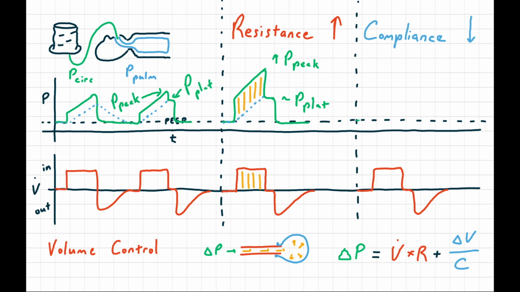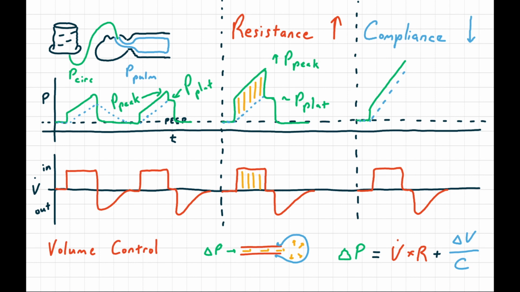Just like before, at end expiration, the circuit pressure is at PEEP in equilibrium with the pulmonary pressure. The difference this time is that as air is forced into the lungs, that low compliance means that pulmonary pressure increases more dramatically. The circuit pressure increases to a normal delta over the pulmonary pressure, and then keeps increasing in parallel with the pulmonary pressure.